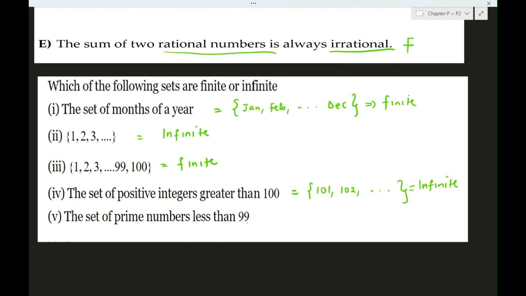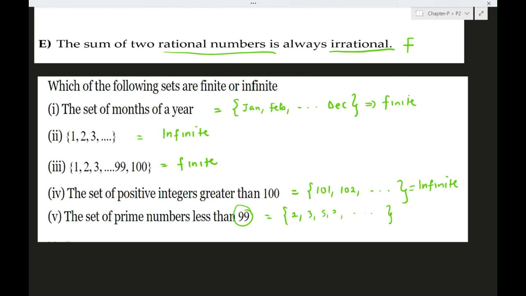Then the set of prime numbers less than 99. Definitely this is going to be finite, because you can count them, starting from 2, 3, 5, 7, and you will stop at less than 99.